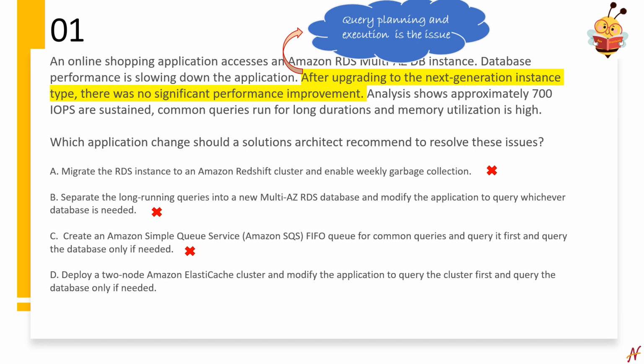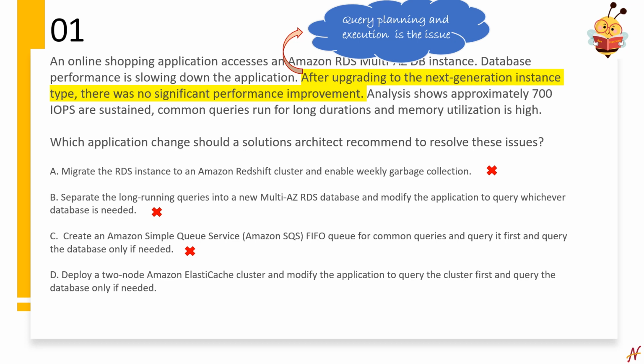Now the only option and the correct option which is left is the option D. Why we use this is because when we talk about a cache system, it is very important to cache the results of all the long running queries so that they can be used for future requests, right?